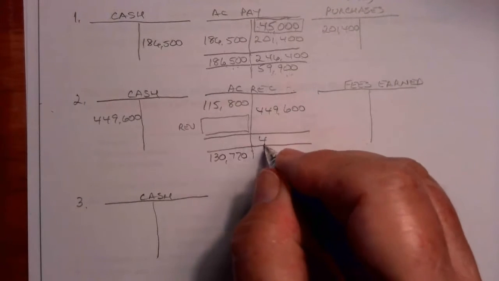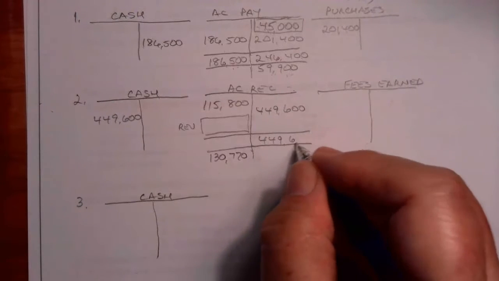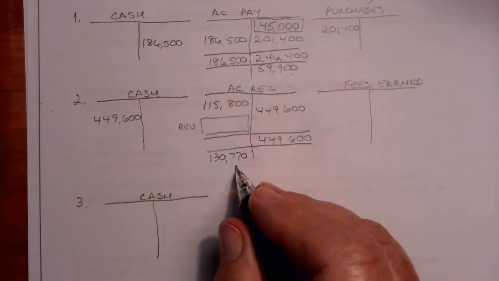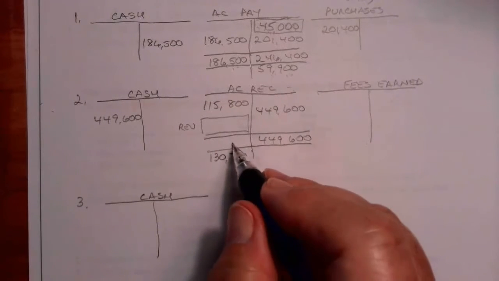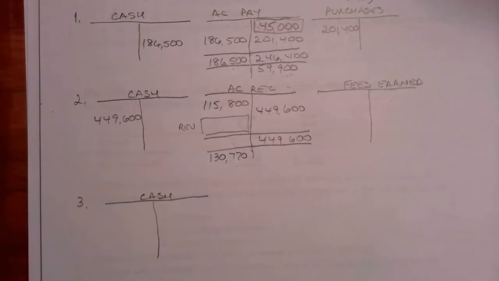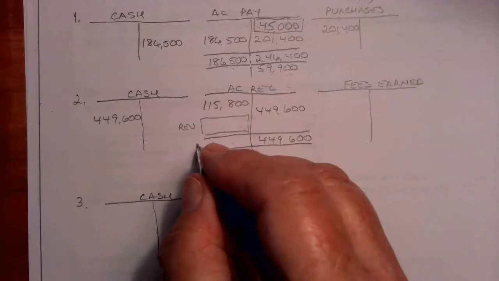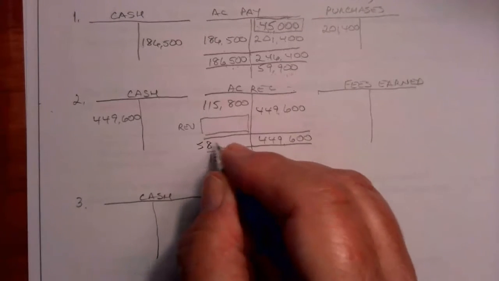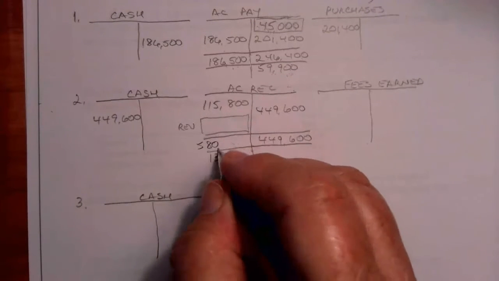Our payments are 449,600 and my ending balance is 130,700. So this would have to be bigger, right? I would take 449,600 and add 130,700, so this would have been 580,370.